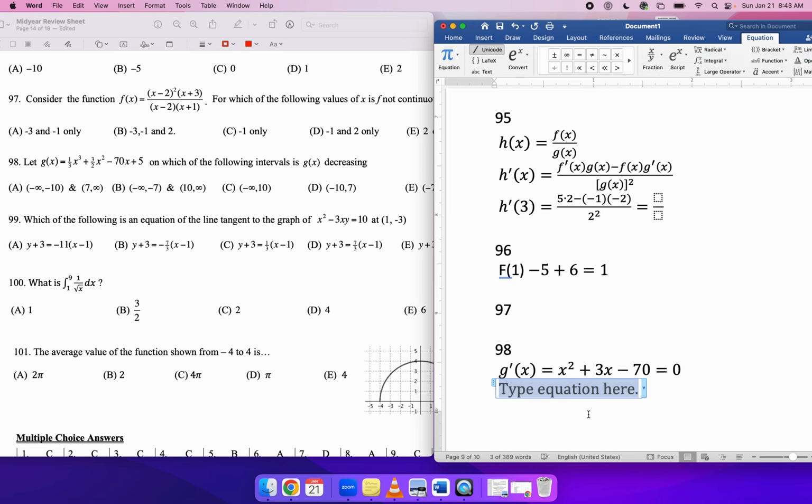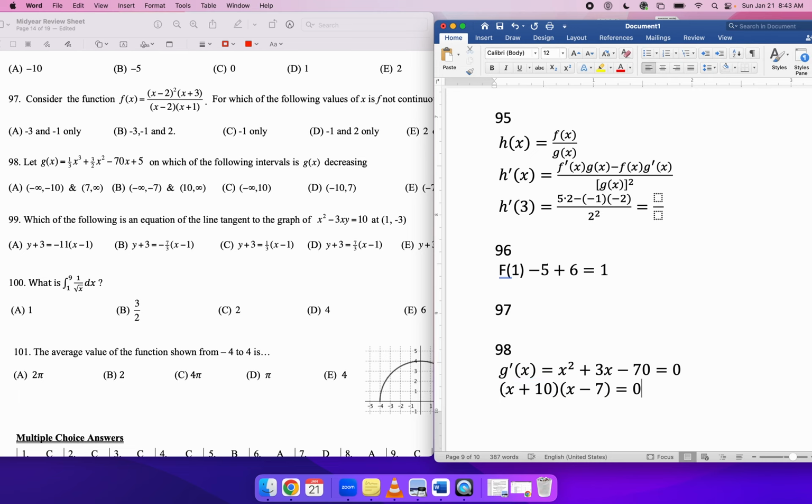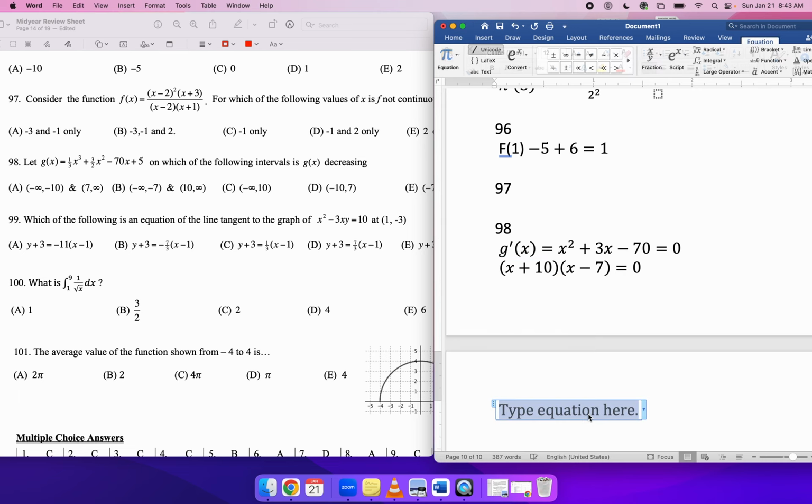Find numbers that multiply to negative 70 and add up to 3. I guess 10 and negative 7, right? I think that works. Okay, so you get x is equal to negative 10 and positive 7.